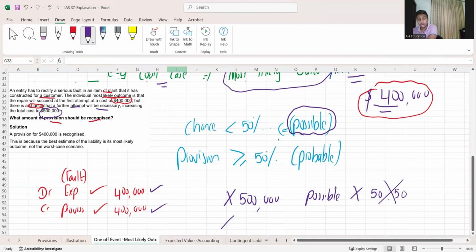Or you will not go and increase your provision by 100,000 either. Why? Again, because it is possible. Look at this word called chance. This is the reason I am keeping my provision at 400,000. Because that is the most likely outcome.